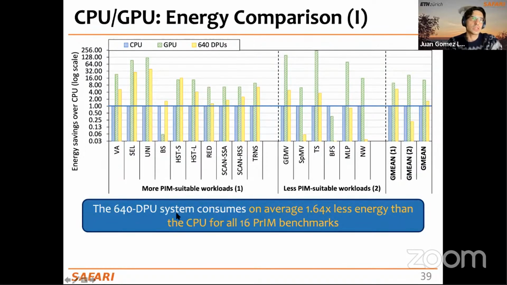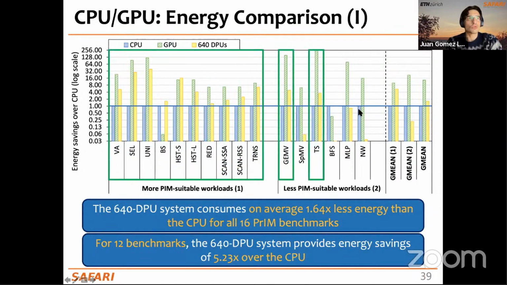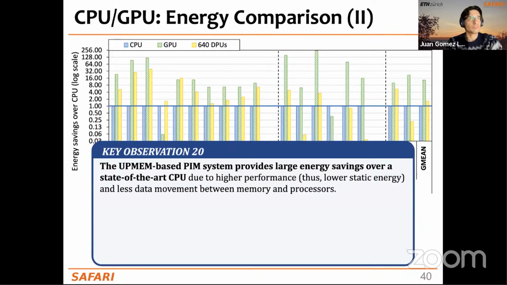What we can see is that on average, the 640 DPU system consumes 1.64 times less energy than the CPU for all PrIM benchmarks, even for those that are not so PIM suitable. For 12 of the benchmarks, the UPMEM-based PIM system provides energy savings of more than 4 or 5 times over the CPU. I think this is also quite an interesting number, quite interesting energy savings.